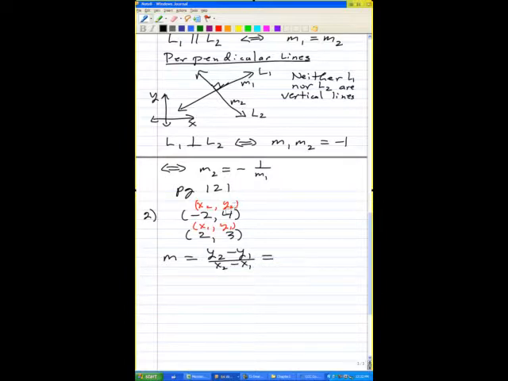So I have here y2 minus y1, 4 minus 3, over x2 minus x1, negative 2 minus 2. Okay, and so 4 minus 3 is 1. Negative 2 minus 2 is negative 4. So my slope is negative 1/4.